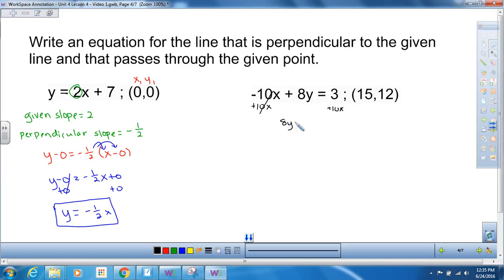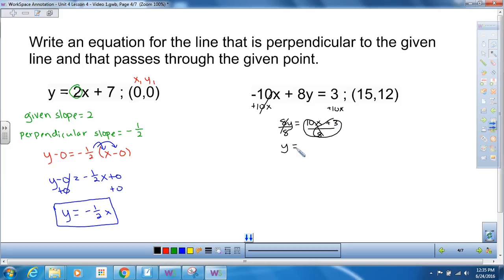So 8y, 3 and 10x are not like terms, so I just have to write them next to each other. And I put the 10x first, just because in mx plus b, that part usually comes first. Okay, then I need to divide by 8. And I have to divide all the terms by 8. So I have to do 10 divided by 8 and 3 divided by 8.